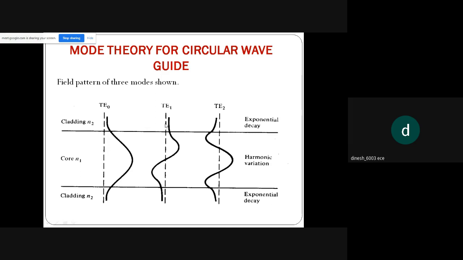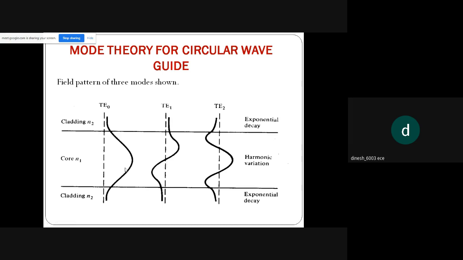Whereas when we see another reference axis we take, and a TE1 we represent. So in this, the field pattern will cross only one time across the reference axis.